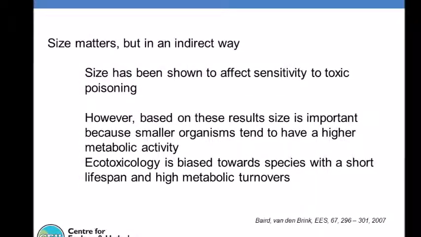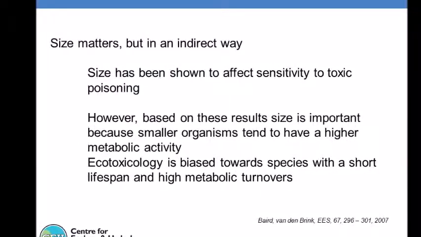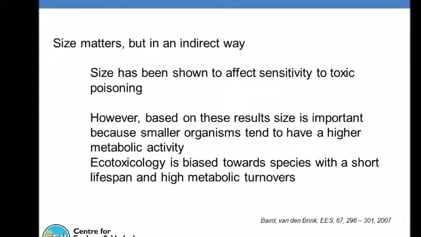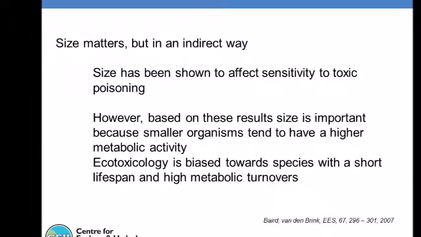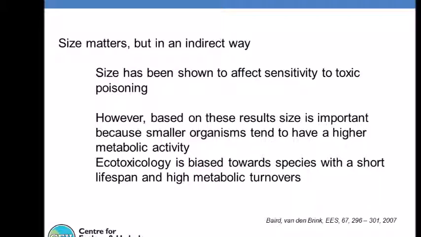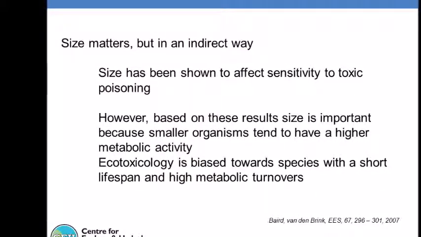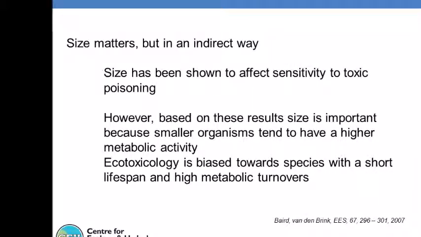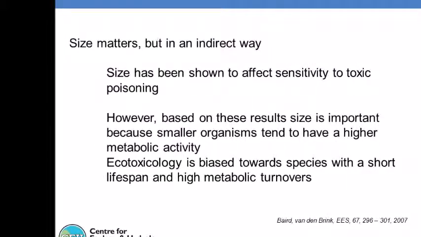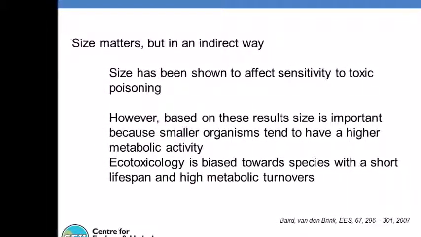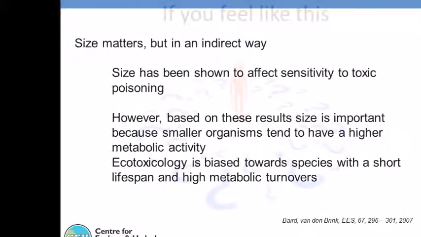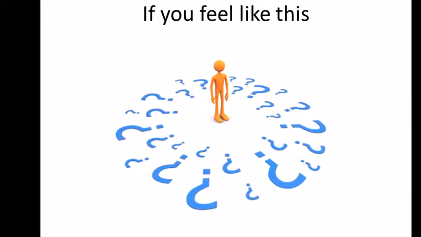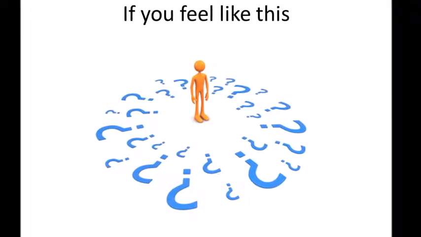But if you look at these databases, and we depend on databases, they are biased towards species with a short lifespan and high turnover, because they're much easier to culture. So high offspring, short life cycles, very convenient to do your tests with them. If you now feel like this, I did something wrong.